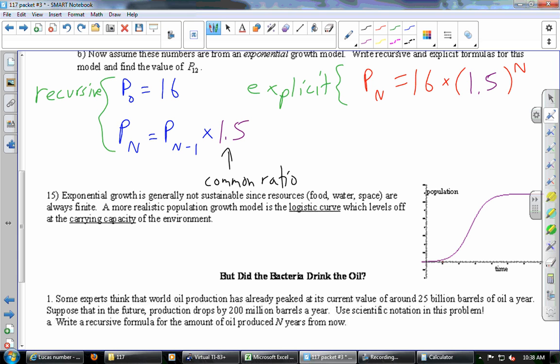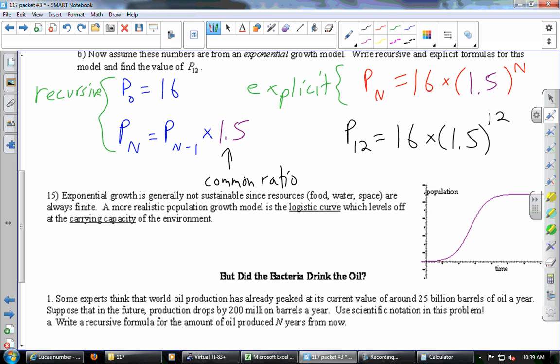So let's use it. P12 equals, according to this, 16 times 1.5 to the n. The n is 12 in this case, right? Here's the only place the n makes an appearance, that number. So whatever number is the subscript, it goes right up there.